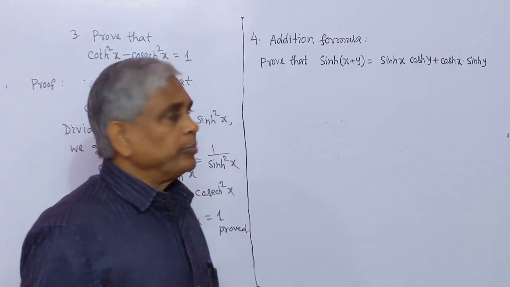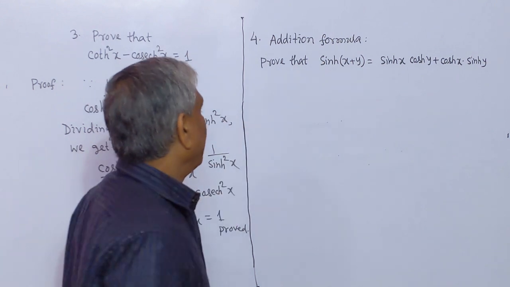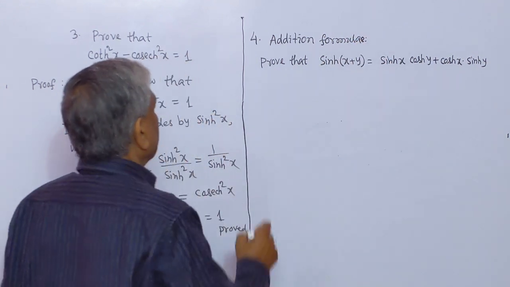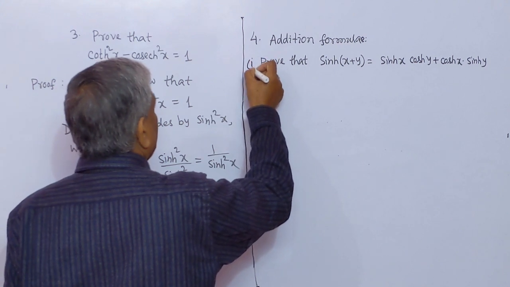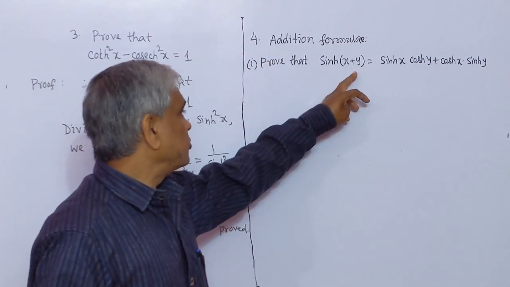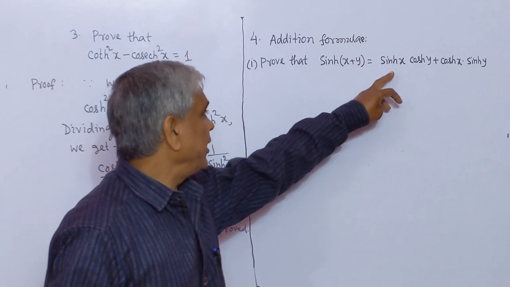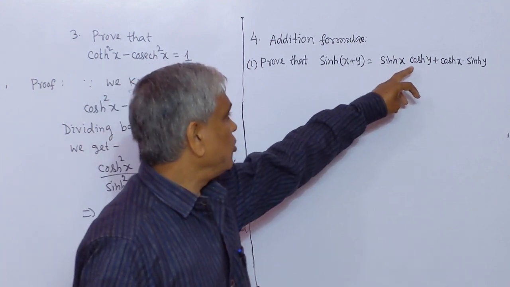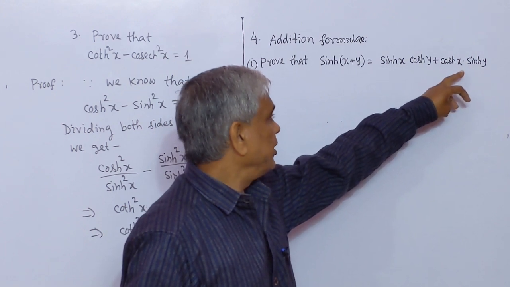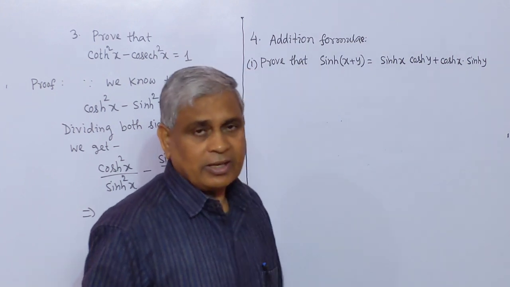Now we prove the addition formula. This is number 1. Prove that sinh of x plus y equal to sinh x multiply cosh y plus cosh x multiply sinh y.